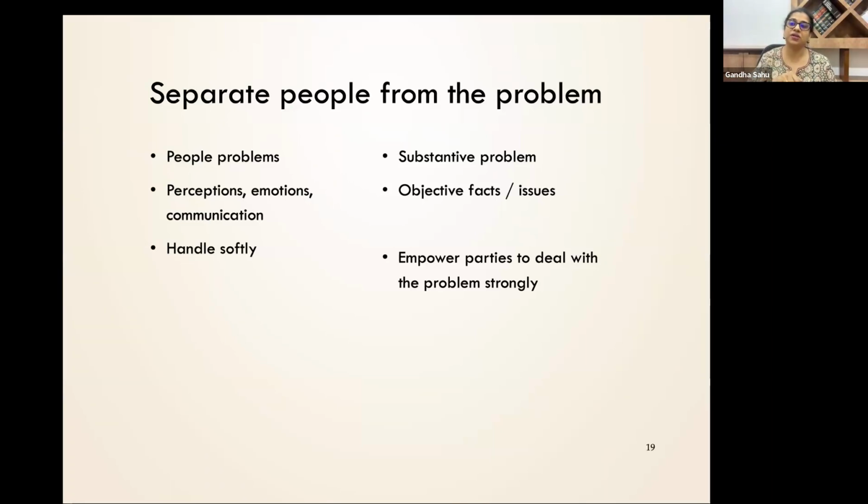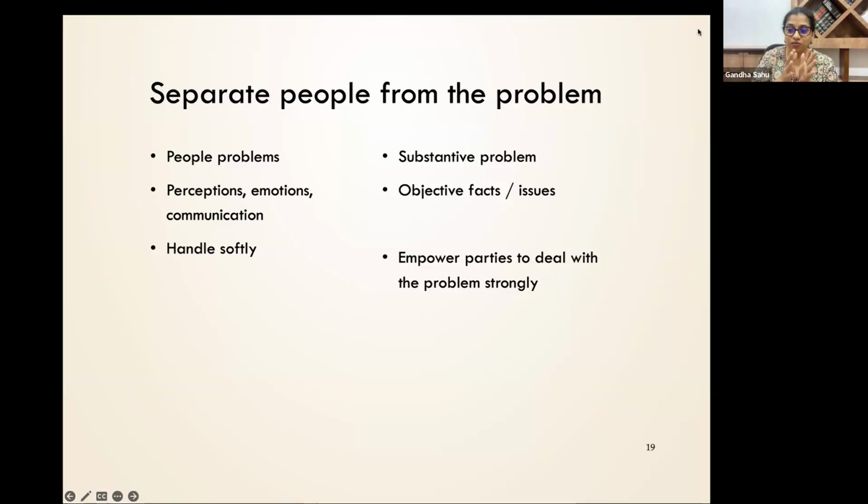It will involve a lot of blame, a lot of finger pointing and emotion. And the solution will lie in understanding the problem, which is separate from the people.